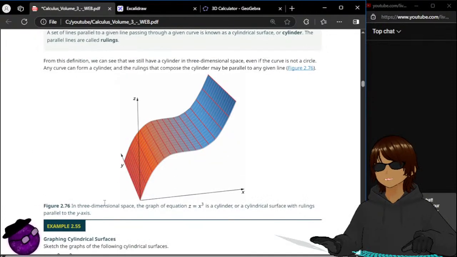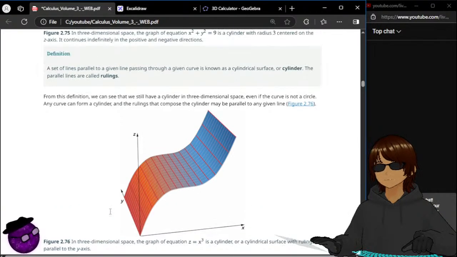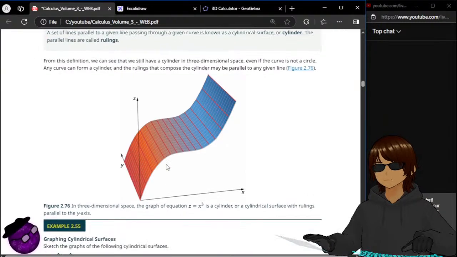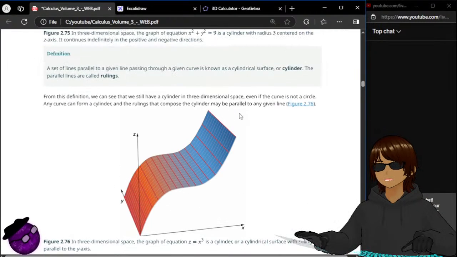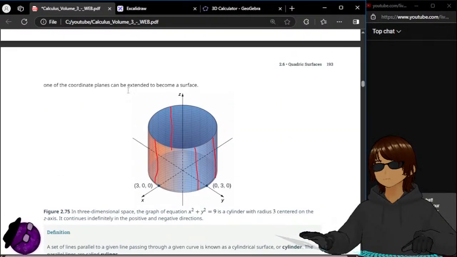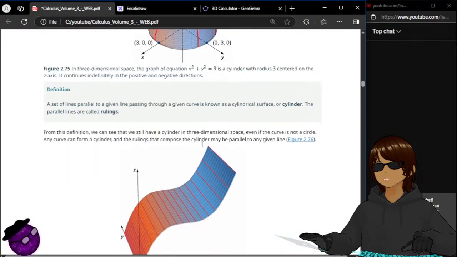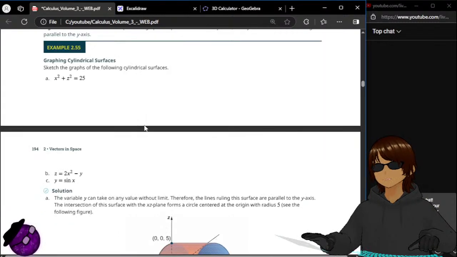In three-dimensional space, the graph of the equation c is equal to x cubed is a cylinder, a cylindrical surface with rulings parallel to the y-axis. Oh, so they have a completely different definition for cylinder.